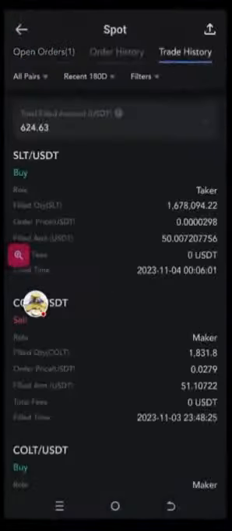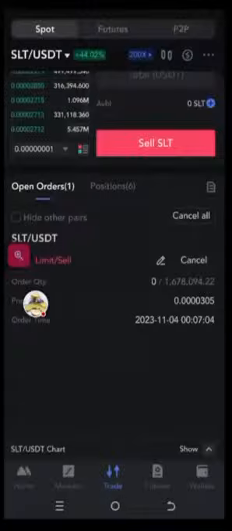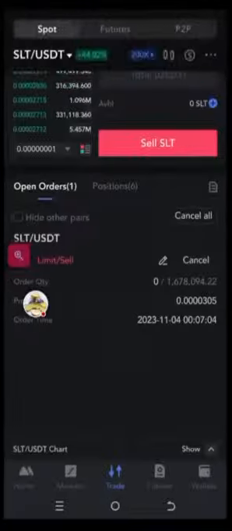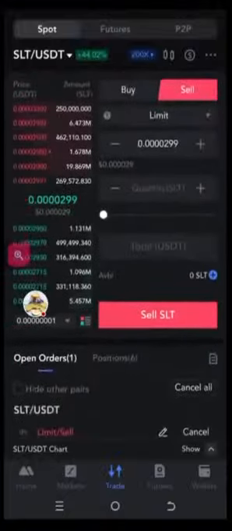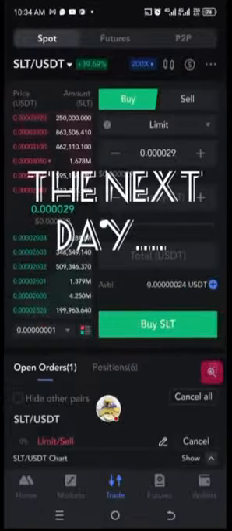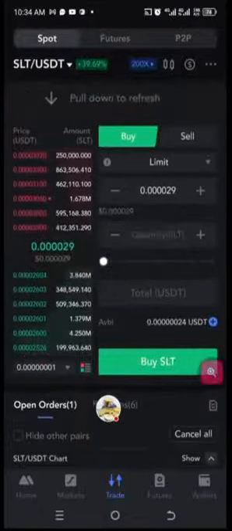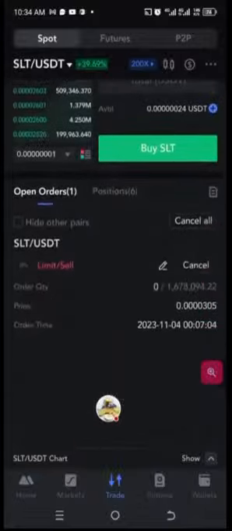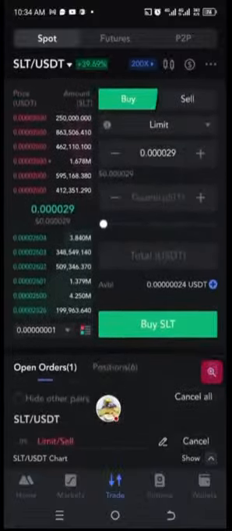I think we bought SLT at, what was the price? The price was $298. And what are we supposed to get out of here? What's it now? $299. It's going up. We'll be back to check you out. Okay, so what's going on in SLT? We are still waiting in the queue for SLT.